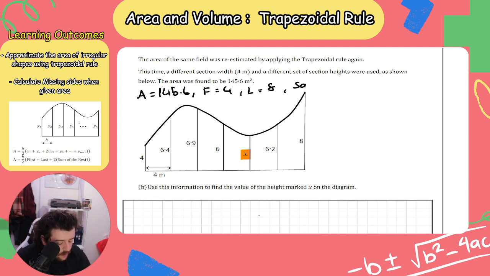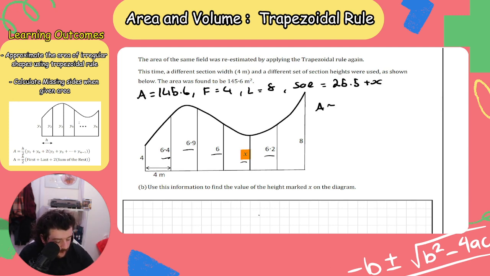And then the sum of the remaining heights is going to be 6.4 plus 6.9 plus 6 plus x plus 6.2. So remember, group my like terms, so add all my numbers together. 6.4 plus 6.9 plus 6 plus 6.2. I'm going to get, and then plus x, I'm going to get 25.5 plus x. That is the sum of my remaining heights.